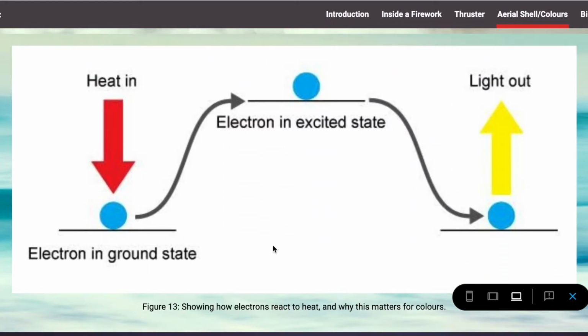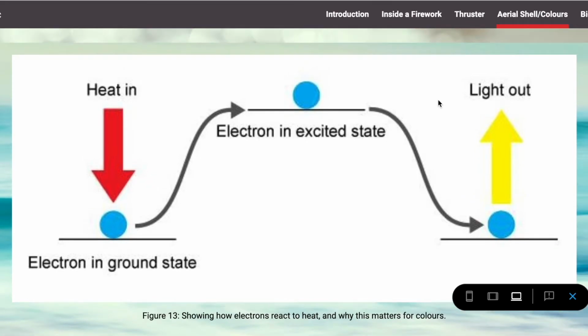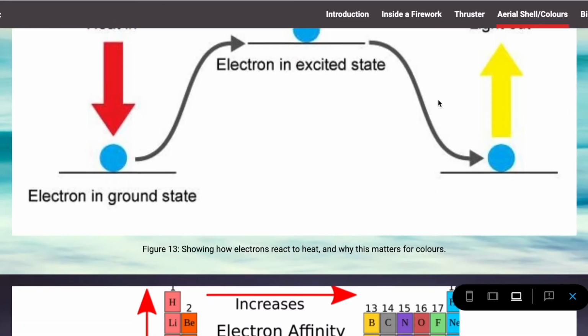When you heat a compound, or when you're forming or destroying bonds, the electrons are moving around. When an electron returns from the excited state to its ground state, it releases energy. The amount of energy it releases is relative to the size of the molecule and its electron affinity.